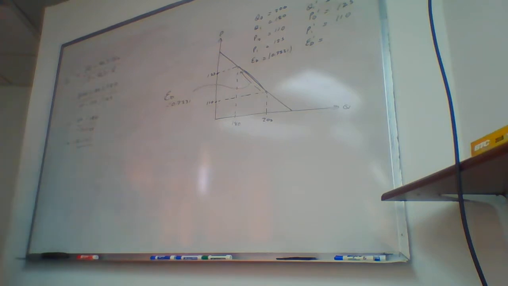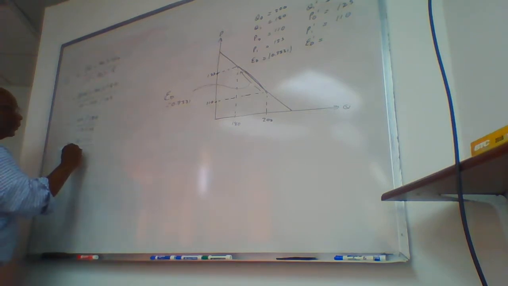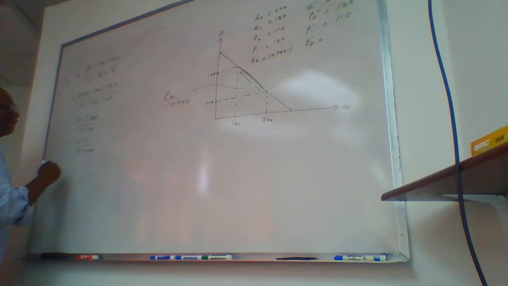And 15 divided by 125, 0.12. All right, so 0.1111 divided by 0.12 is negative 0.9258.